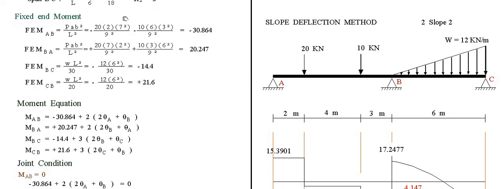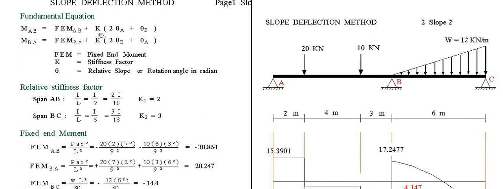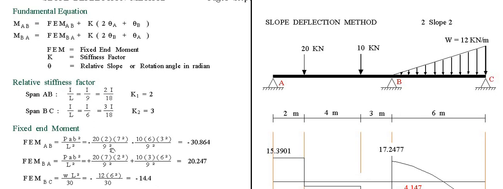Then the fixed end moment AB, we have the formula a while ago. These two. The fixed end moment AB due to concentrated load, the formula is PAB. We have 2 loads. I just write 1 because we have no more space here. So for AB, we start with A. 20 times 2 times 7 square over 9 square.